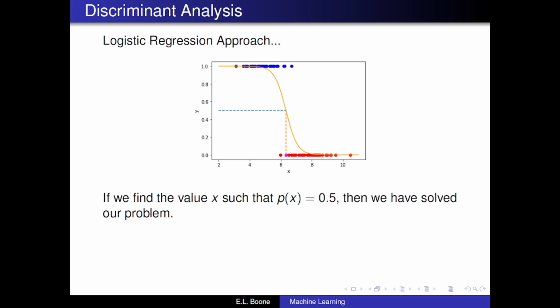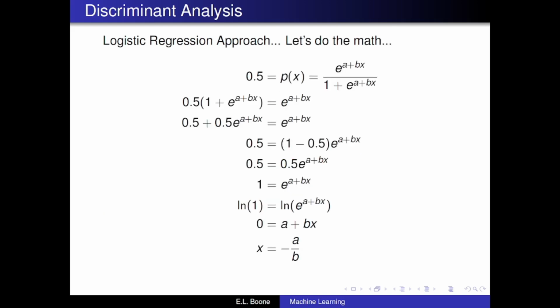Okay, so if we can find the value of X that causes this to occur, we've solved our problem. And we can do this with a bit of math. So don't get really bogged down in the details too much. What I'm trying to show you is that mathematics is really useful for doing this. Since this is more of a machine learning course, we're more about doing than we are about deriving.